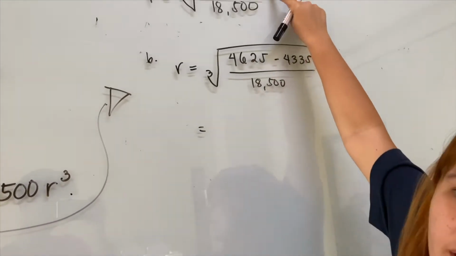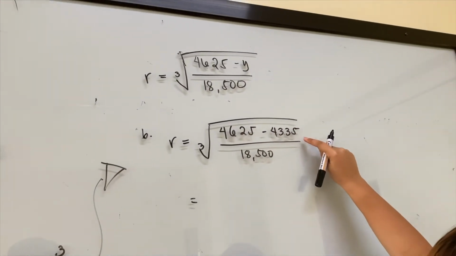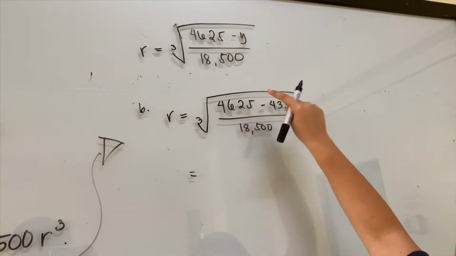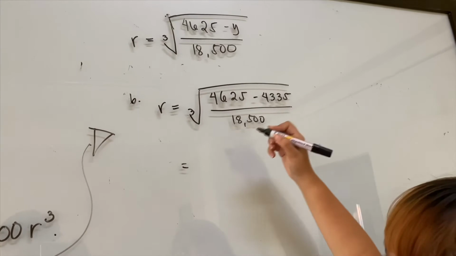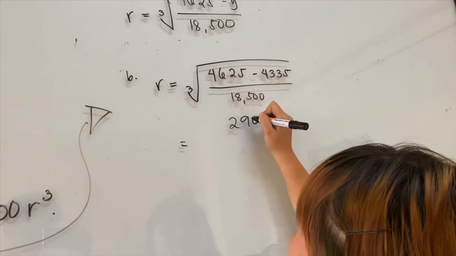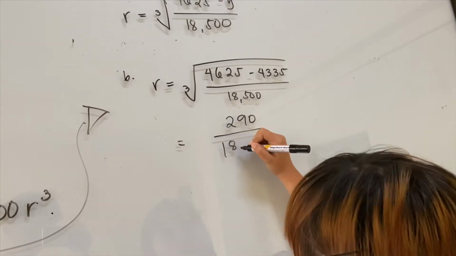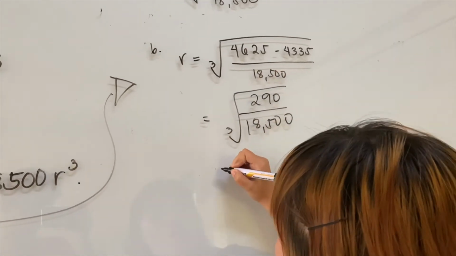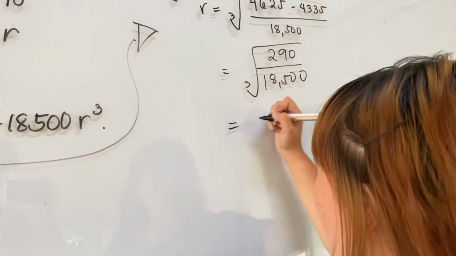So it will become 4,625 minus 4,335, which equals 290 over 18,500. If you use your calculator, you're going to find this directly.